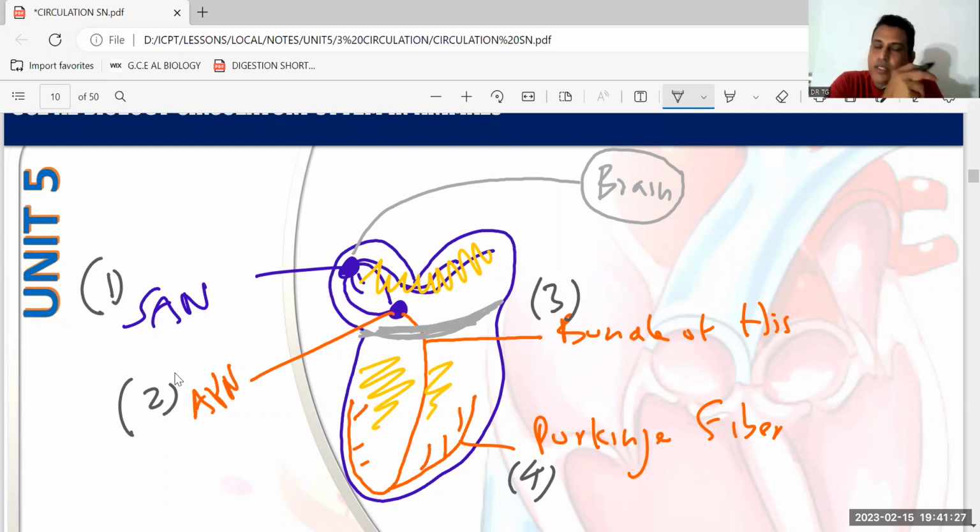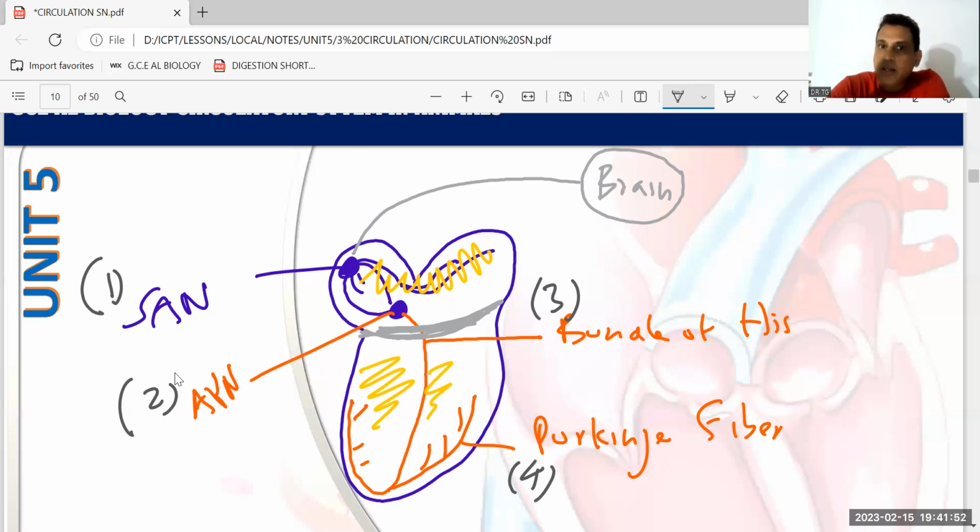Now the brain can control the SA node when it needs to increase heart rate, because the SA node makes 75 electrical impulses at rest. That contraction is 75 beats per minute. If the brain wants to make it higher, then the brain adds signals to the SA node.